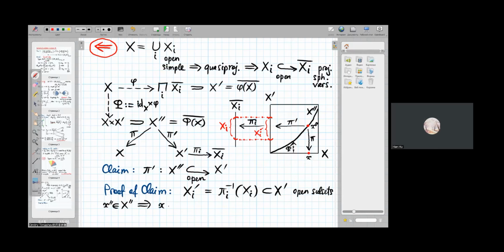So this x, which is pi of x double prime, is a point in the variety X. But the variety X is covered by open subsets xi, and therefore this point belongs to some of these open subsets. So x belongs to xi for some i.